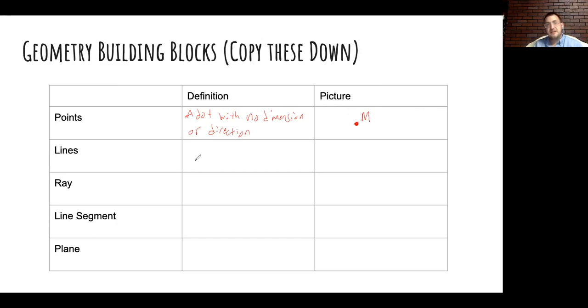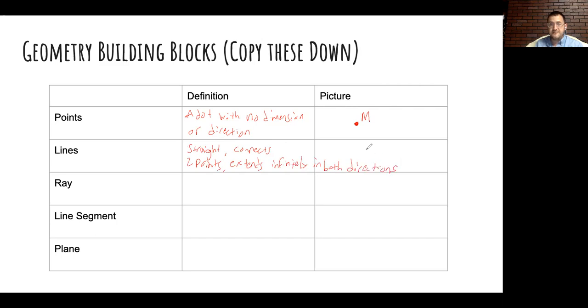Lines. A line is a straight path that connects 2 points and extends infinitely in both directions.